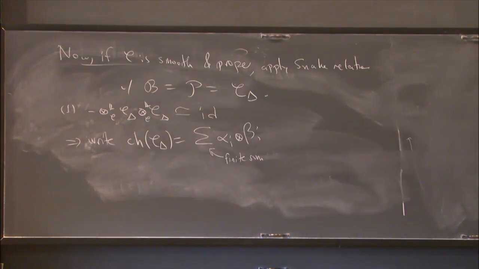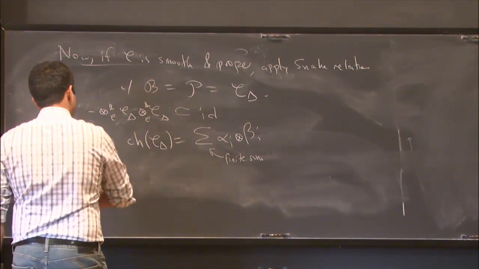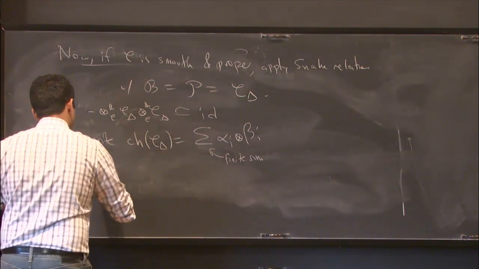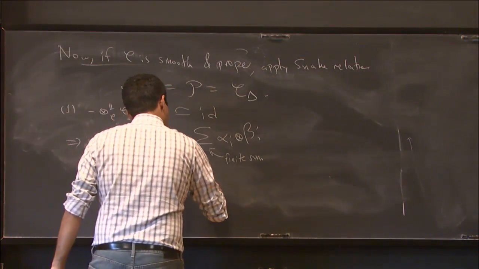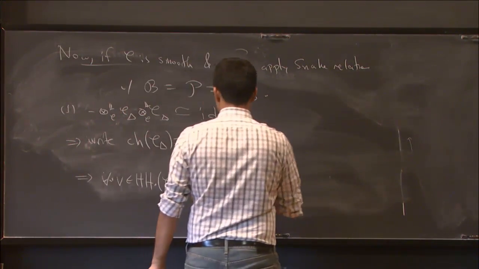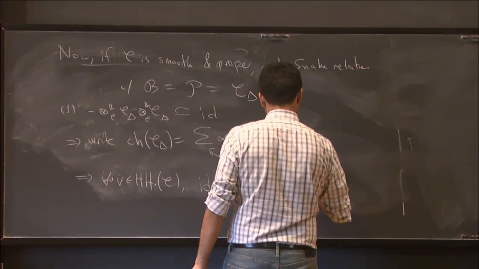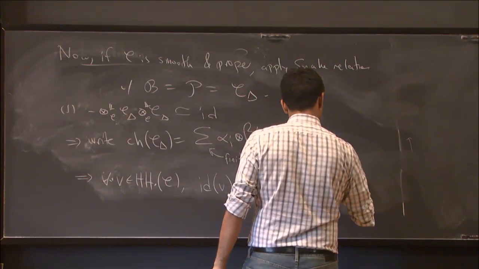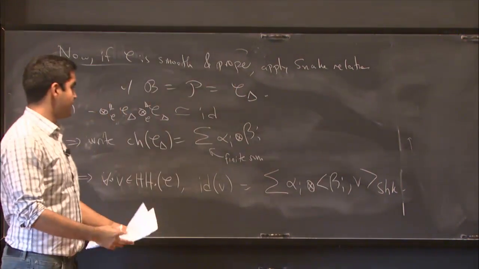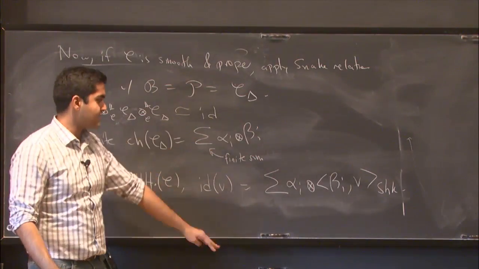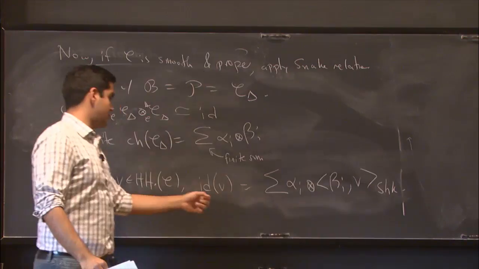So this implies that for any v in Hochschild homology, the identity applied to v equals this expression. I take the Chern character and I contract this element beta I with v, and I take this sum, and that equals v.